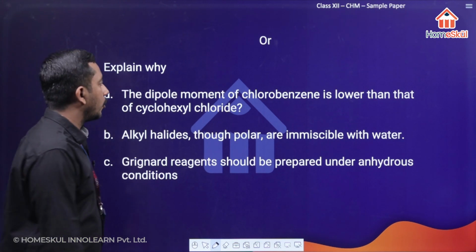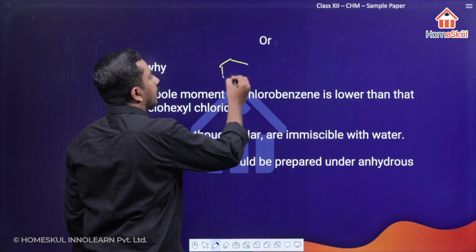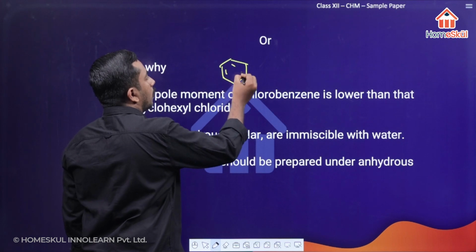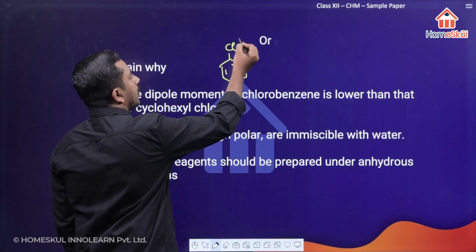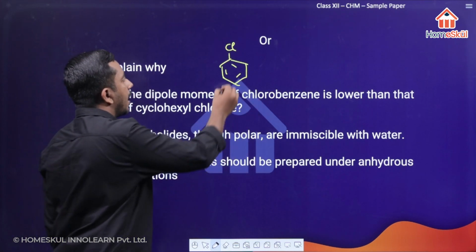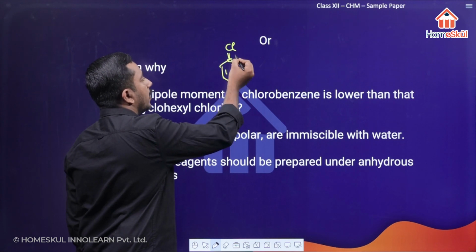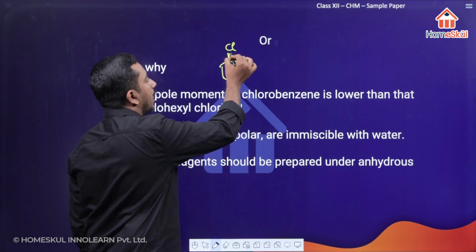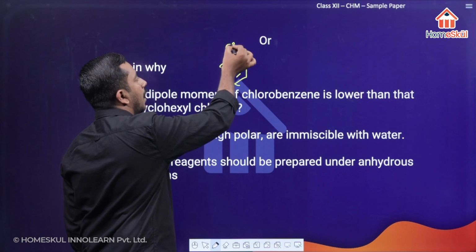So if you take chlorobenzene, in the structure of chlorobenzene, you can see that the carbon halogen bond here will have a partial double bond character due to the resonance that is happening.